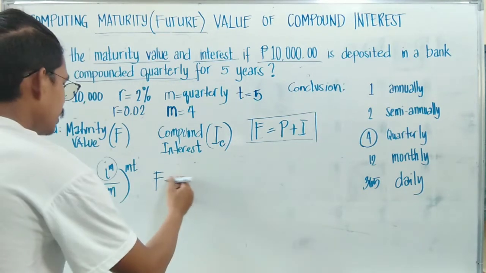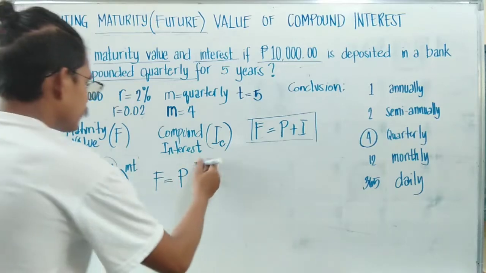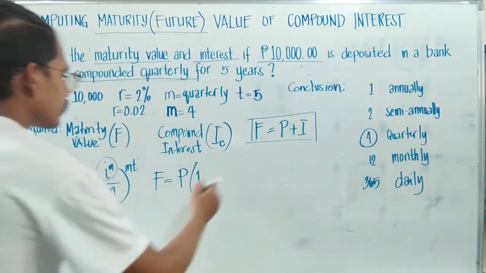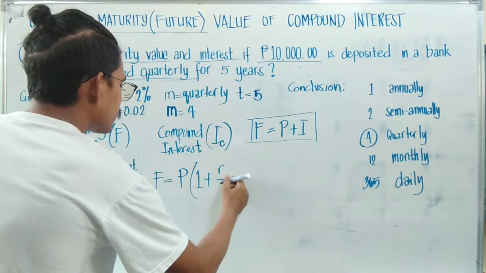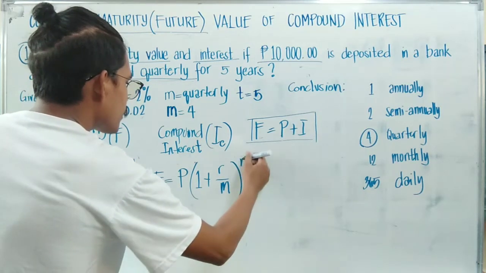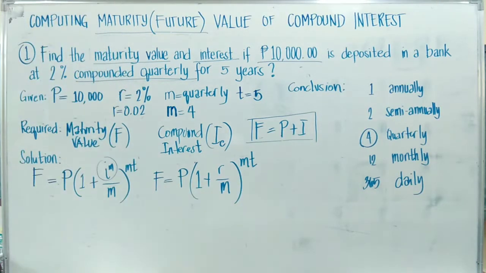We have F equal to P times the quantity of 1 plus r over m raised to mt. So I sub m is your annual or nominal rate r. It depends on you what variable you will be using to denote your nominal or annual rate.